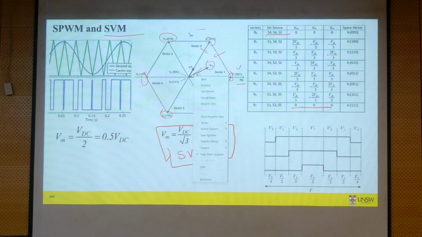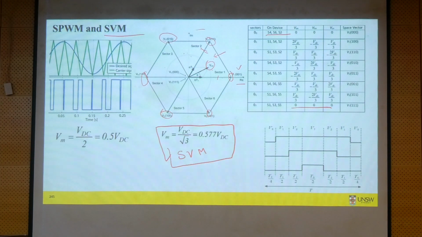In space vector modulation, you simply calculate how long vector 1 and vector 2 need to be on, the time required for each vector to be on.